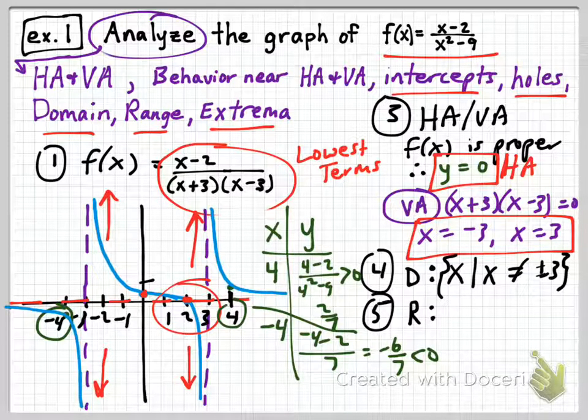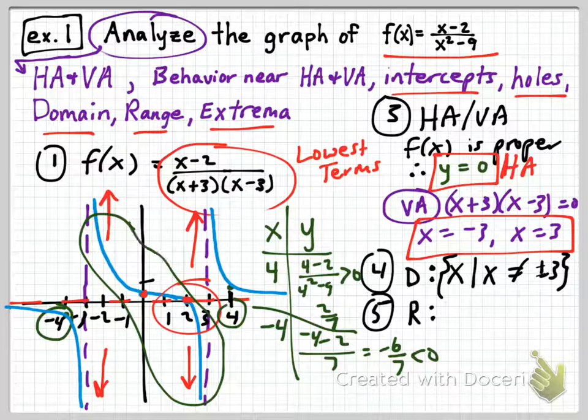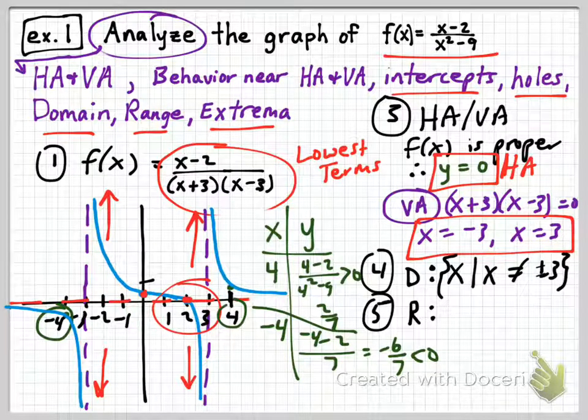So the range, if you just look at this middle section, this middle part of the graph, I should say, accounts for every single y value. And if it accounts for every single y value, guess what? That means that the range is all real numbers.